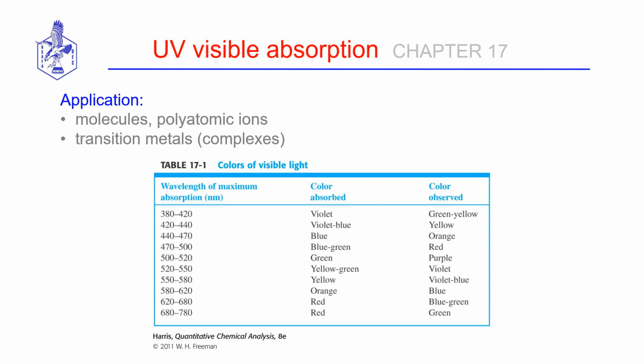As the name implies, we are going to be measuring the absorption of light in the visible and ultraviolet region. If you remember your kindergarten lessons, in the visible spectrum we have red, orange, yellow, green, blue, indigo, and violet.